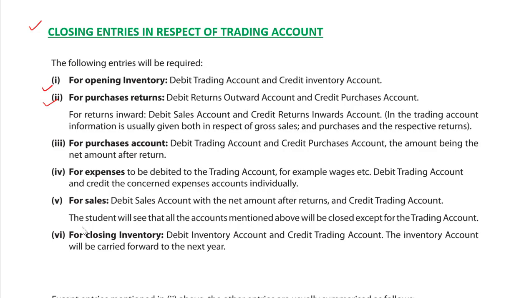In the trading account, information is usually given in respect of both gross sales, purchases and respective returns. Third, for purchases account, debit trading account and credit purchases account, the amount being the net amount after returns.